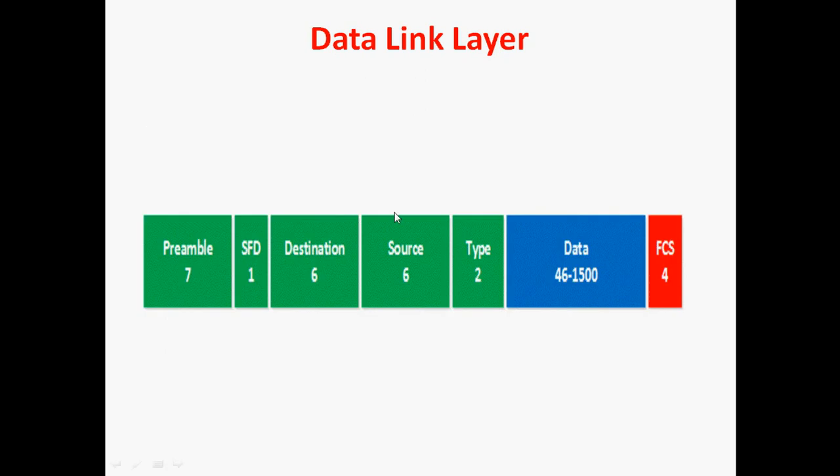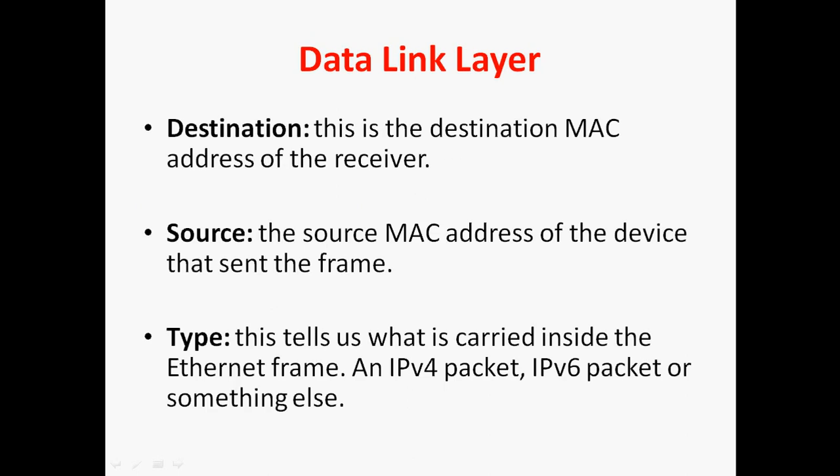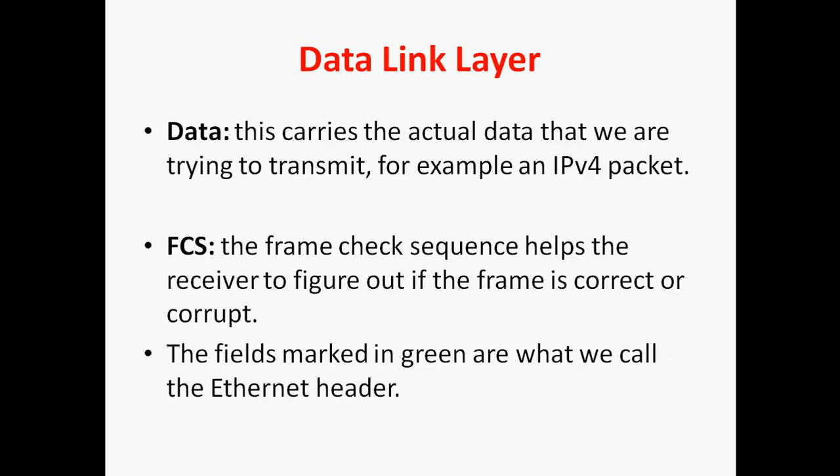Starting with the destination field, this is the destination MAC address of the receiver. Next one, the source field, which is the source MAC address of the device that sent the frame. Next one, type. This tells us what is carried inside the Ethernet frame, for example an IP version 4 packet, IP version 6, or something else. Next one, data.